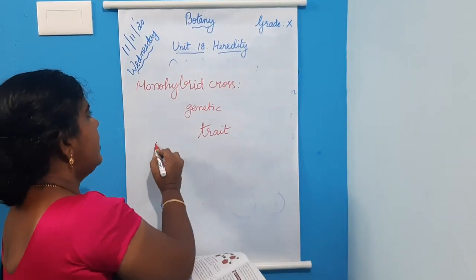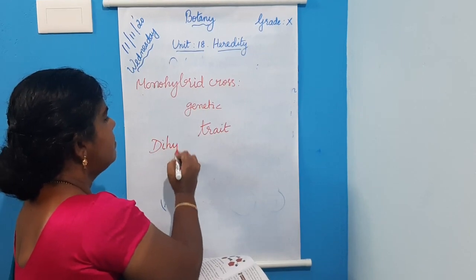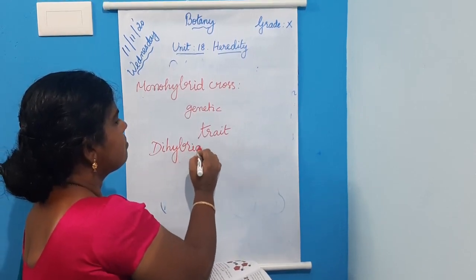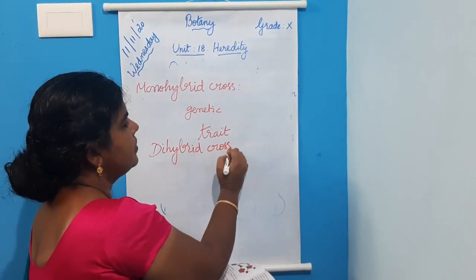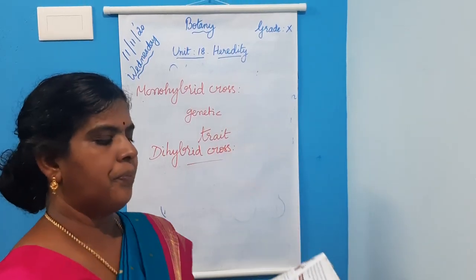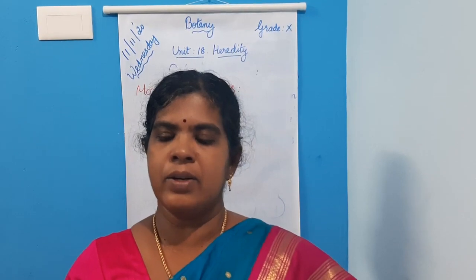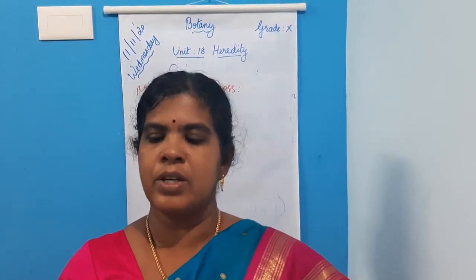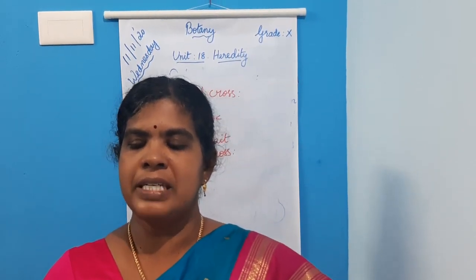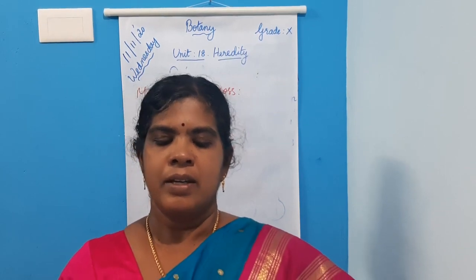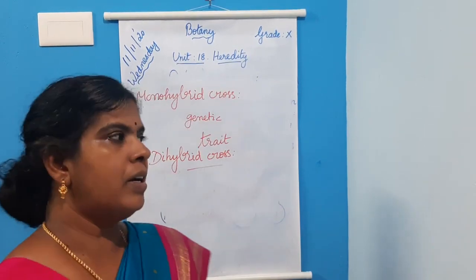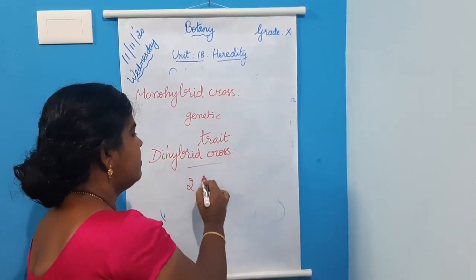Next heading, dihybrid cross. First point: a dihybrid cross is a genetic cross that involves two pairs of genes which are responsible for two traits.